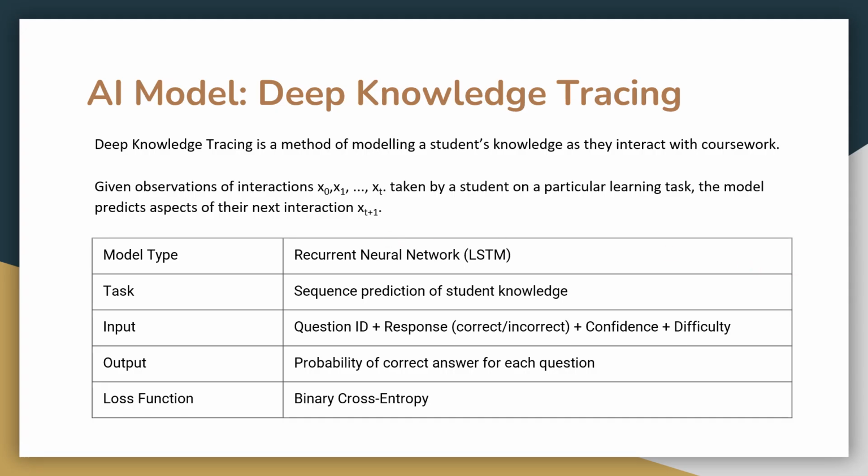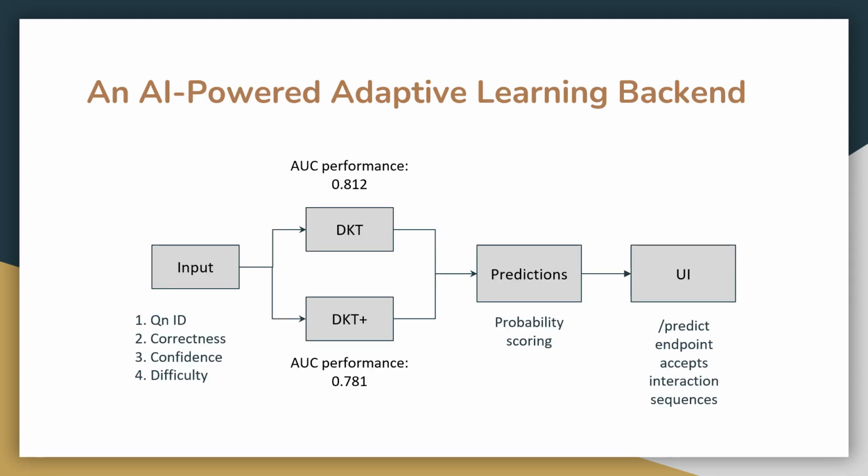Now, in this case, we can assess exactly how well the student is learning or how well the student is not learning, and therefore dynamically adjust the difficulty firstly, and also adjust the content revision type. So in this case, what it does is that it predicts this probability and is exposed via an endpoint to our model.